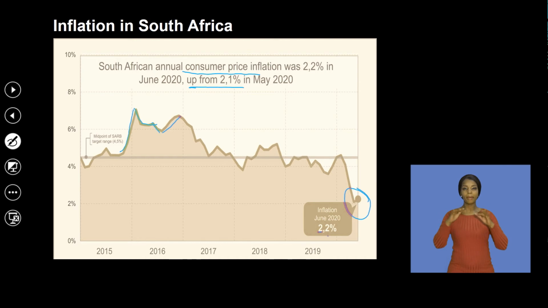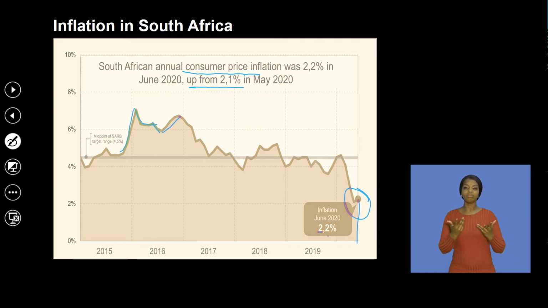Was there maybe a lot of people not being able to make ends meet in terms of the goods and services that they need, especially the most important ones? So those are the things that affect this annual consumer price inflation, as you can see, from like 2015 up until 2020. And like in June, it was roughly 2.2.